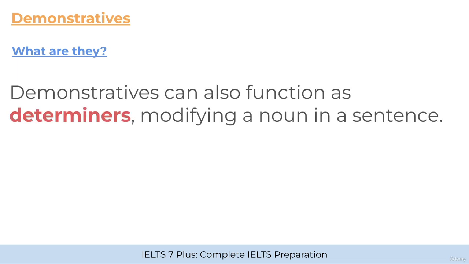And let's go back now to look at demonstratives in general, because they can also function in a sentence as what's called determiners. In other words, modifying a noun in a sentence. So before they were pronouns, but now they could be determiners, which are actually enhancing or modifying a noun instead of replacing a noun.